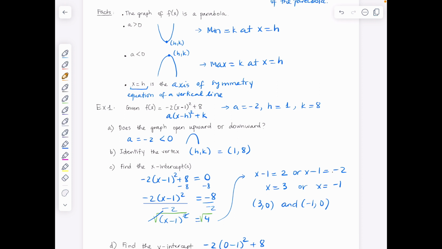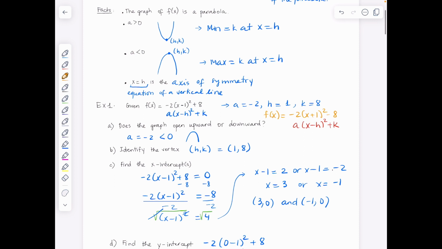Just a little word of caution. If your function were to be negative 2 times (x plus 1) squared minus 8, then be very careful when you determine h and k. Now let's write the vertex form right underneath the function. It is in the vertex form, but all the signs don't quite match, especially for h and k.